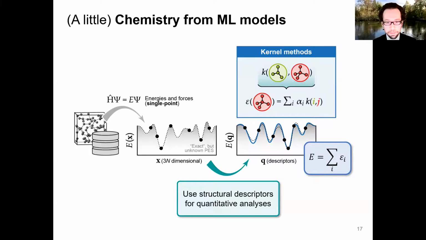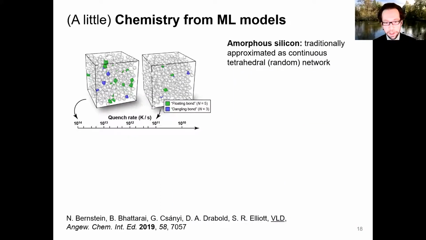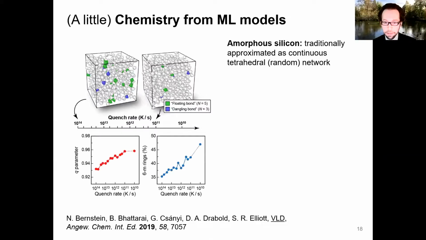We've done a series of simulations for amorphous silicon, so this is another one of those textbook materials where we're quenching a range of structures with different cooling rates, and thereby we're able to make a finely controlled range of samples with different densities.